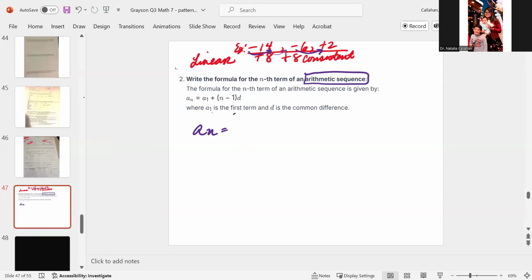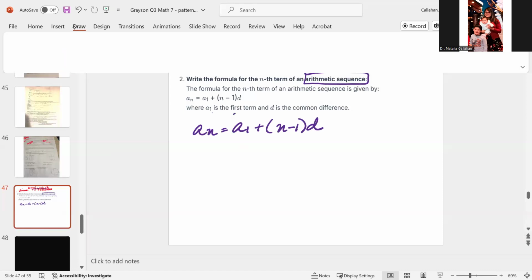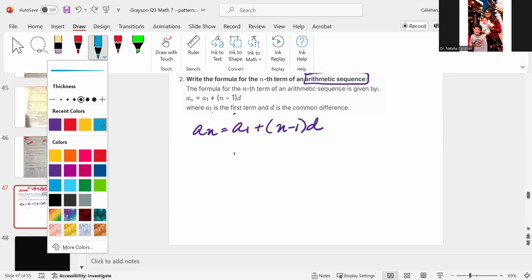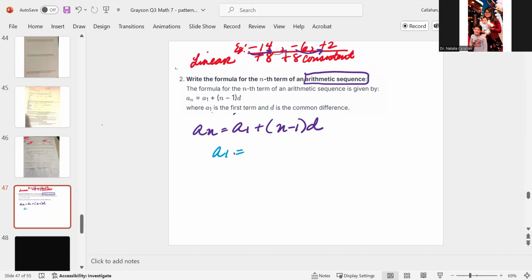a sub n equals a sub 1 plus (n minus 1) d. Okay, and I'm going to tell you what this means. A sub 1, this is the first.